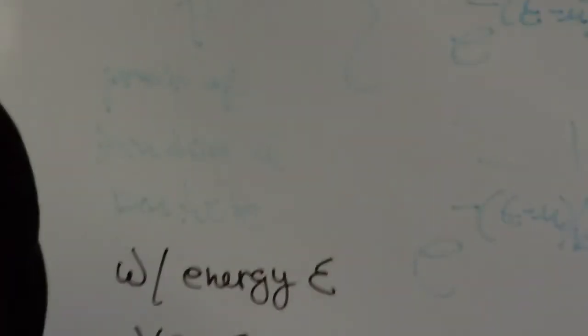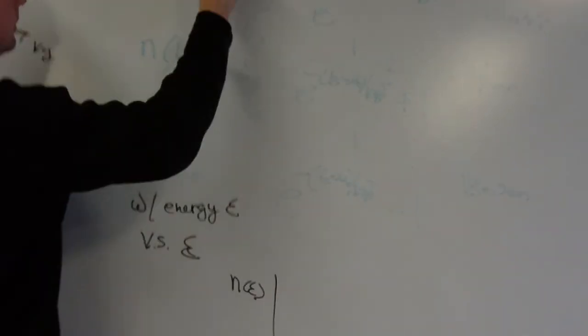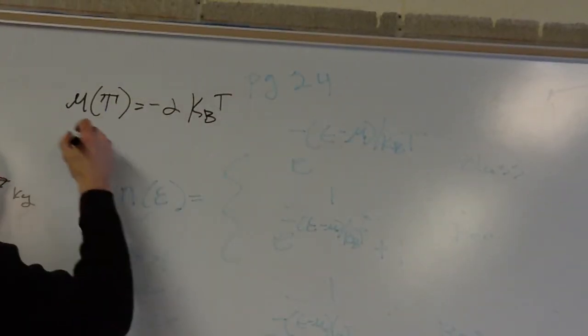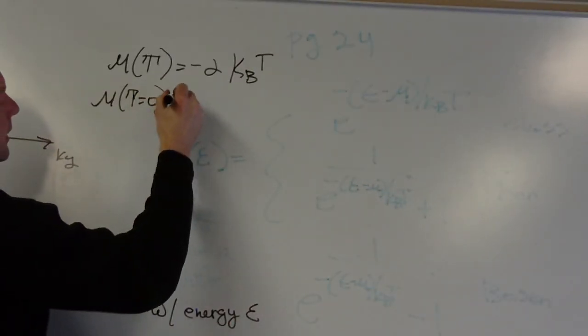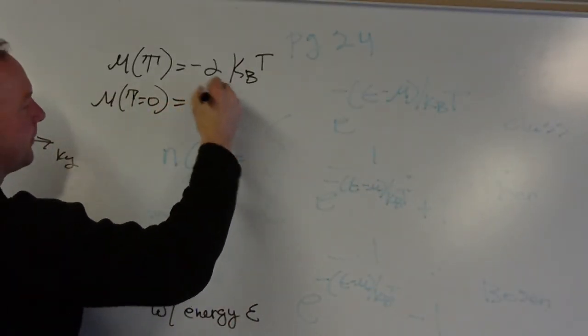So in other words, it's n of epsilon versus epsilon, all right? And mu is called the chemical potential, and it's a function of temperature, and it equals minus alpha kBT. And here's the scoop: mu of T equals 0 equals E Fermi.